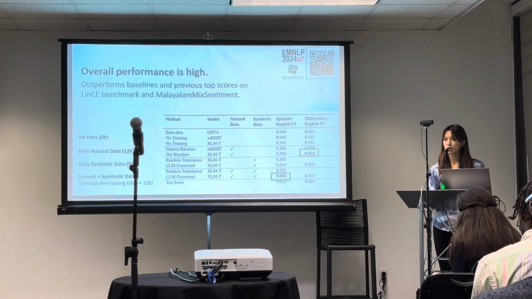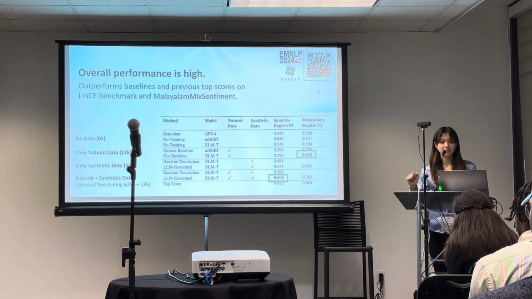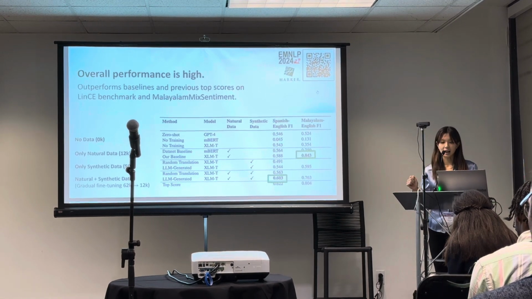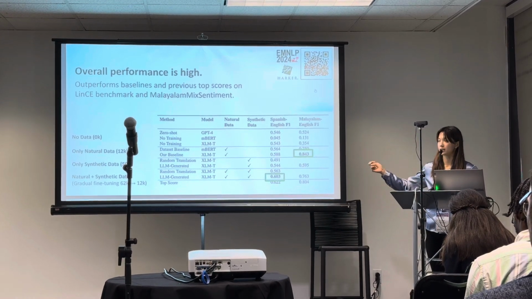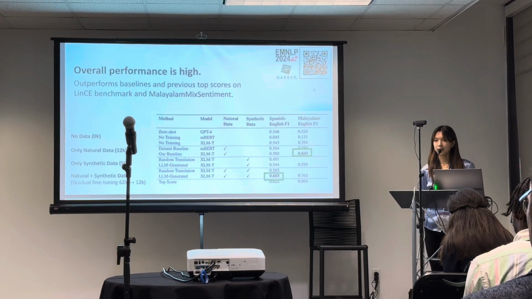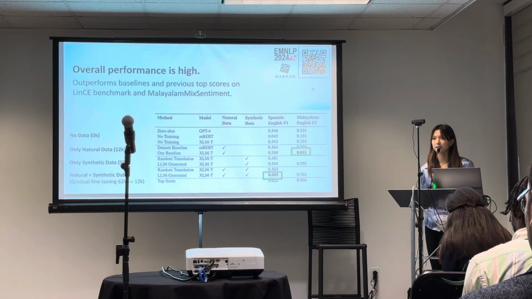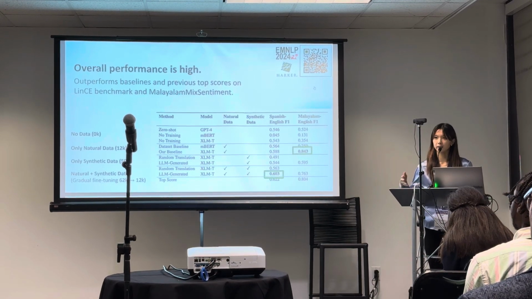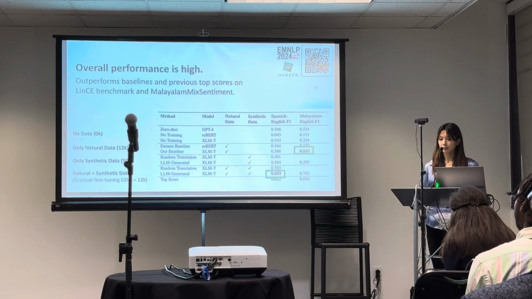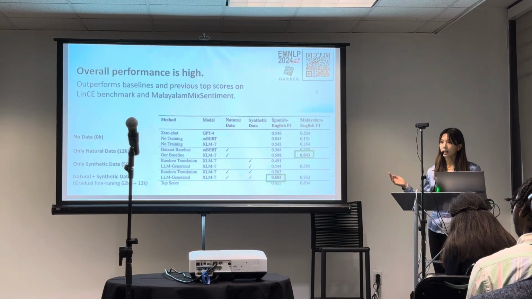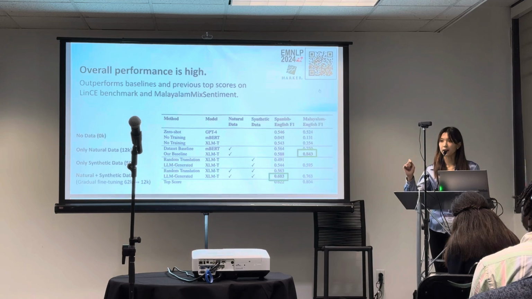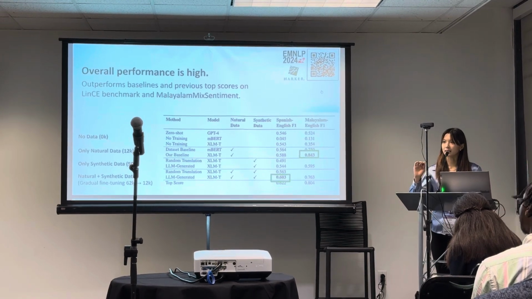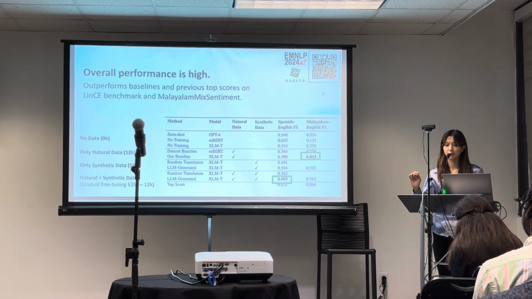So from our initial baseline, which is just natural sentences, adding synthetic data increases results in Spanglish to 0.603 in F1, and this achieves third place on the dataset benchmark on Lynchy. And yeah, on Malayalam-English, the results are slightly different. The initial baseline is very high, and as a result, synthetic data does not significantly improve on results.